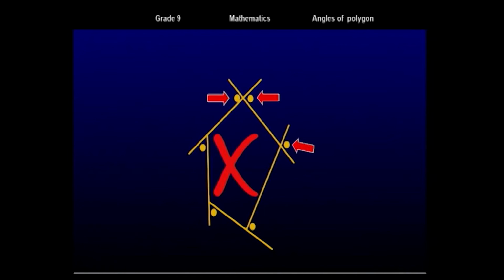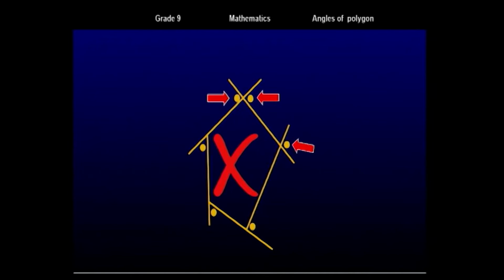When we mark exterior angles, you have to use the clockwise or anti-clockwise method. But in here you can see I'll take in one vertex there are 2 angles. Look at the diagram.